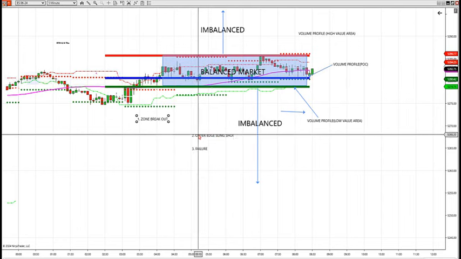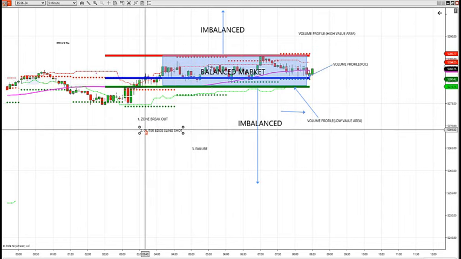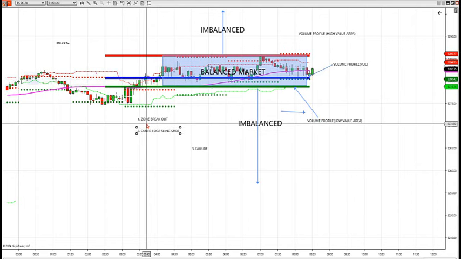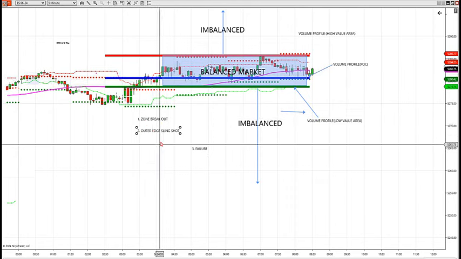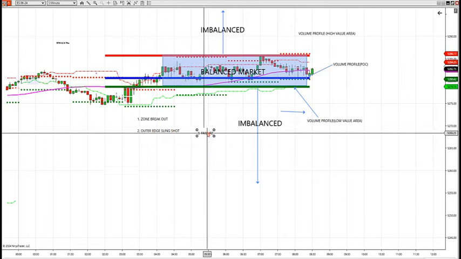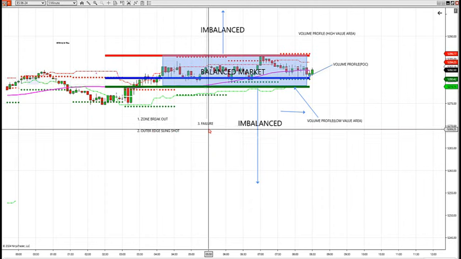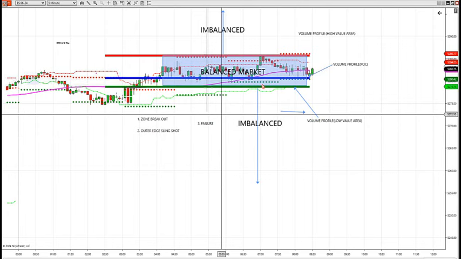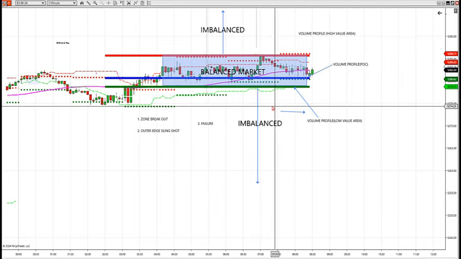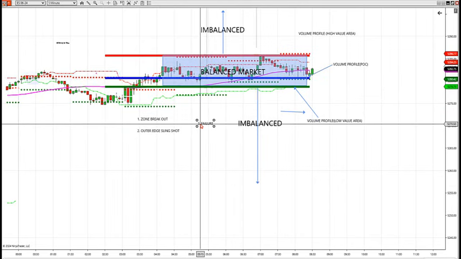Now, the zone breakout and the outer edge breakout are always with trend, meaning the zones. They're always with zone trend. The failure trade is your only corrective wave or counter wave trade, corrective wave against trend, because it was outside of an imbalanced market getting back inside.